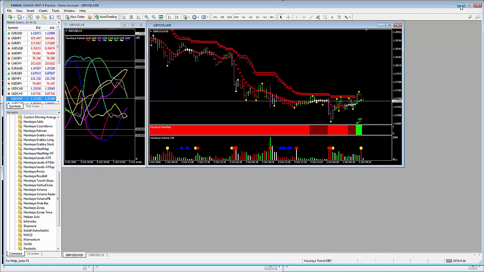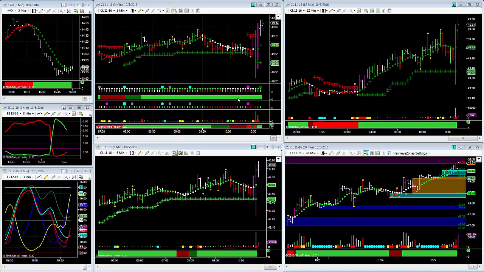Now, if we were to look over at one of the other markets, you can see that the KISS and the Fat Boy are tools that are only used in futures or equity markets. So they're not really applicable to a Forex market. So we have some tools that are designed specifically for Forex and some tools designed specifically for futures or equity markets.